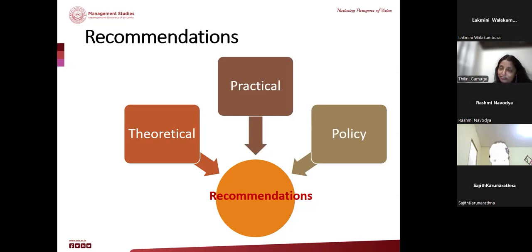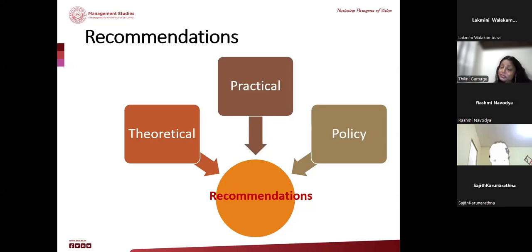They offer researchers guidance on how they should fine tune their research design, sampling or the measurement scales and statistical analysis or any other type of analysis that they undertake to improve the quality and the rigorousness of the study. And that's what we call methodological recommendations.